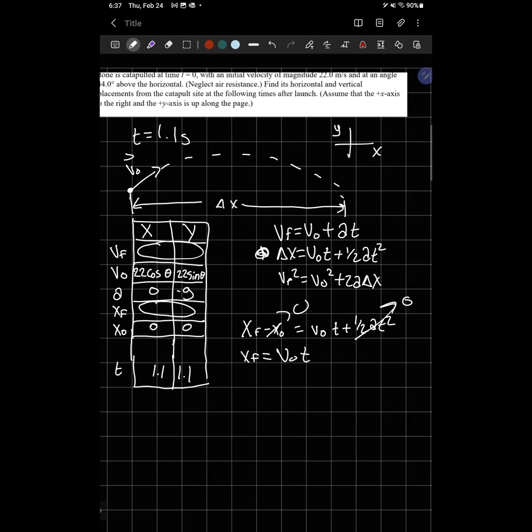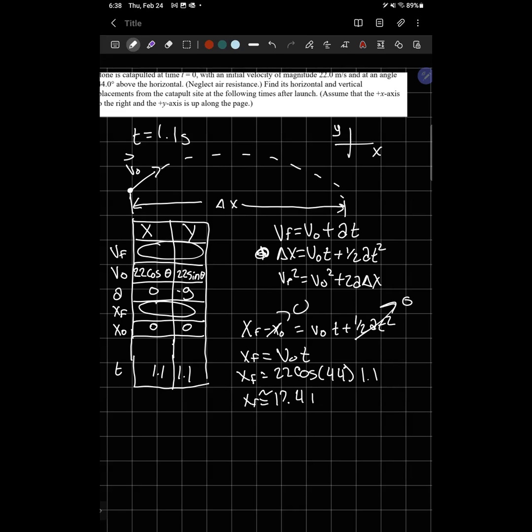So 22 cosine of 44 times 1.1 seconds. And that should give me 17.41-ish. And what's the unit for that?